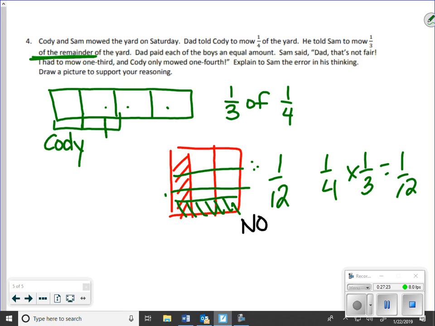So this is Sam. Dad paid each of the boys an equal amount. So technically, what size did Sam do? 1/4. It was just 1/3 of what was left. But they're all 1/4, 1/4, 1/4, 1/4.